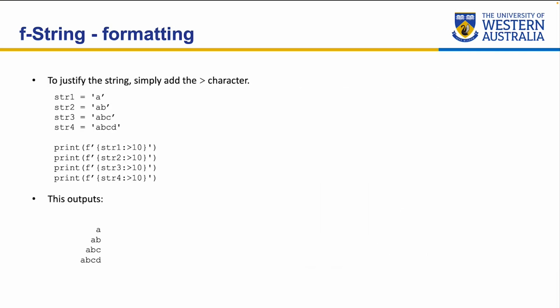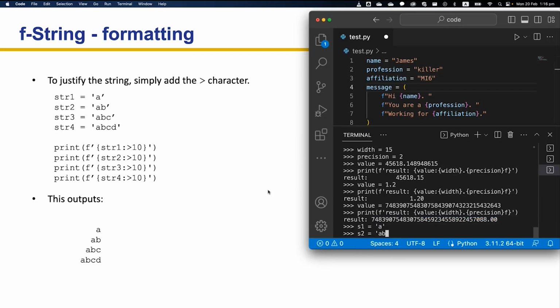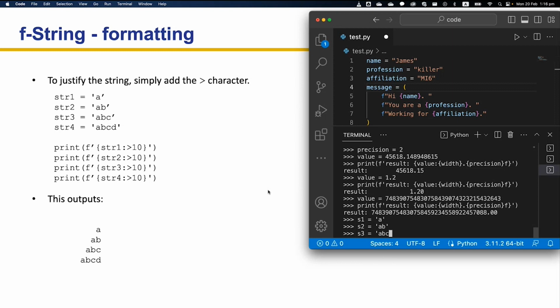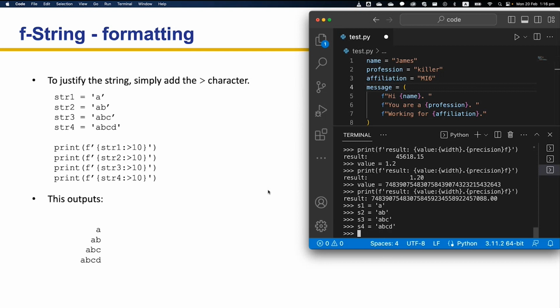Okay, so that's how we use to control the string outputs with the width and the precision here. Okay, you can also justify the string by simply adding the arrow character. So for example, we have S1 equals A, S2 equals AB, S3 equals ABC, S4 equals ABCD. Okay. Print, actually, let's copy that.